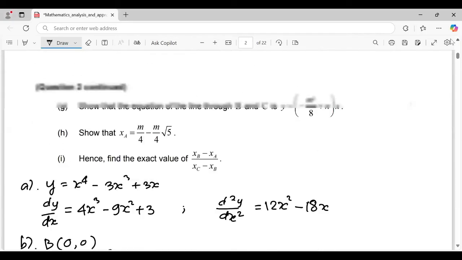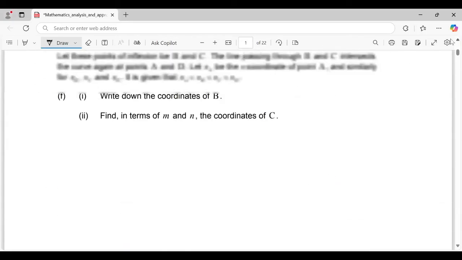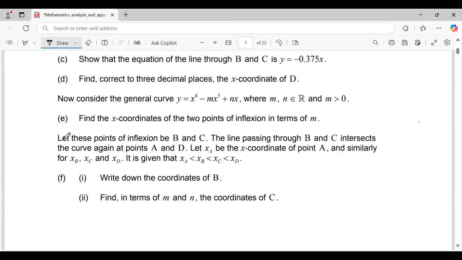F. Let these points of inflection be B and C. The line passing through B and C intersects the curve again at points A and D. Let XA be the x coordinate of point A, and similarly for XB, XC, and XD.